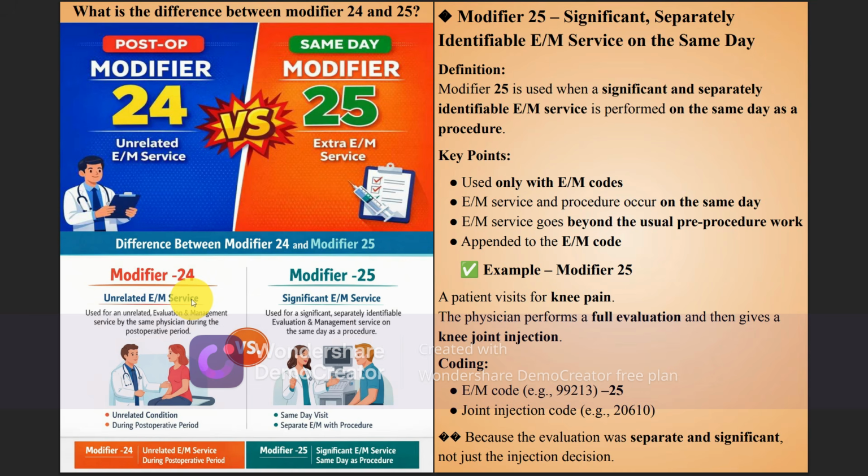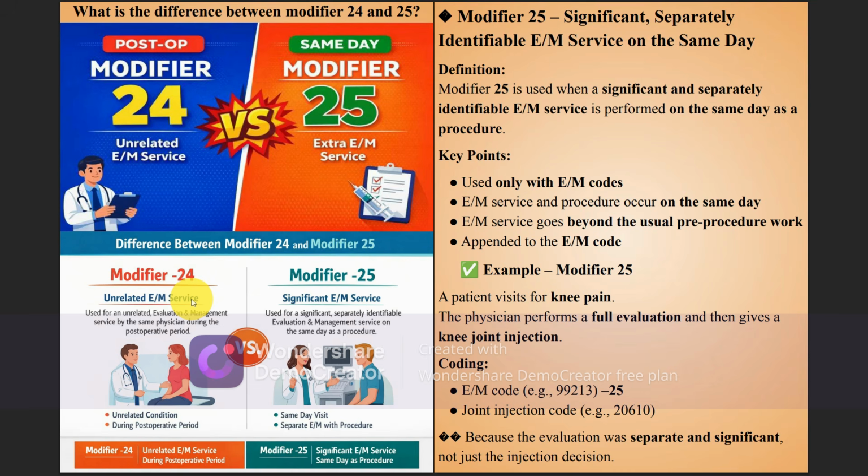The first question coming out of 15 is: what is the difference between 24 and 25 modifier? Modifier 24 is unrelated E&M service; modifier 25 is a same-day modifier, an extra E&M service.